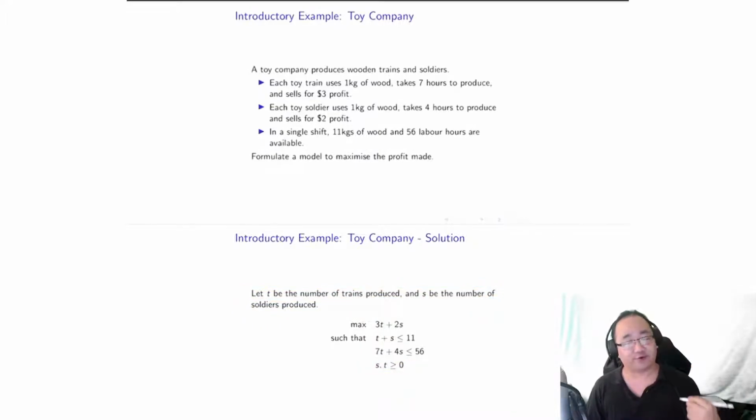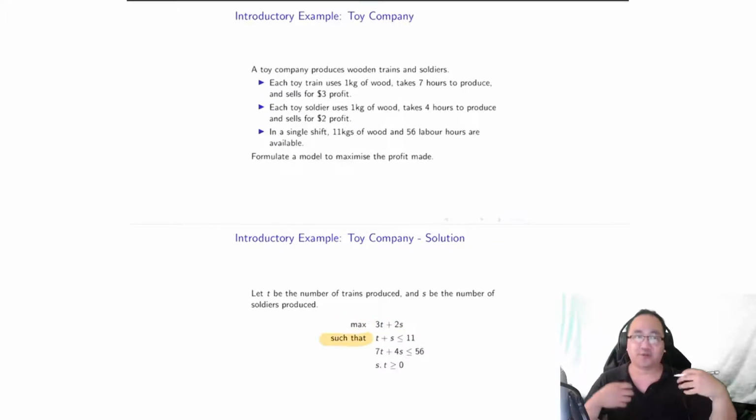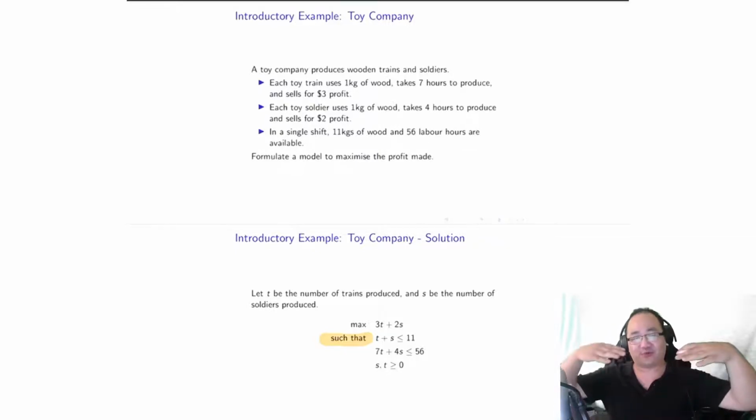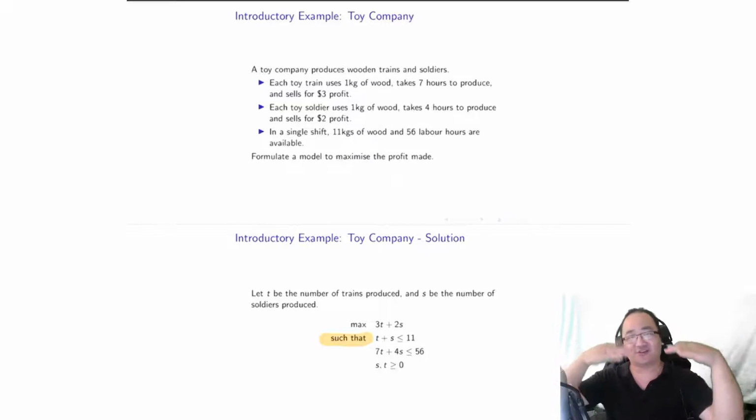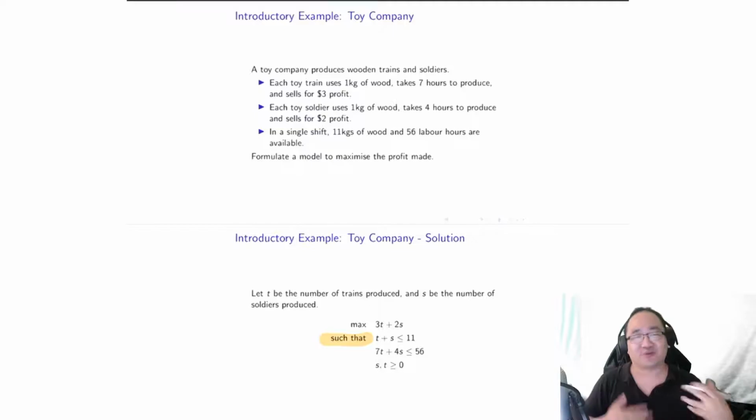While you're brewing this over, I do want to point out that in LP models, in linear programming models in general, usually we have this first function, and then we have this little phrase, "such that." The "such that" is the correct way to write a model, because we say we want to max something such that something, something, something, and that's how it works when you read it out.